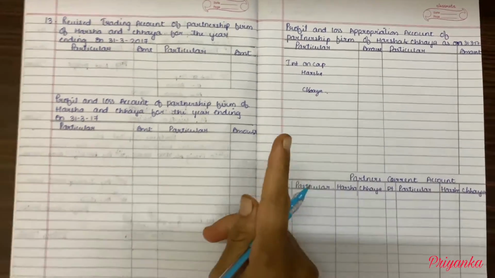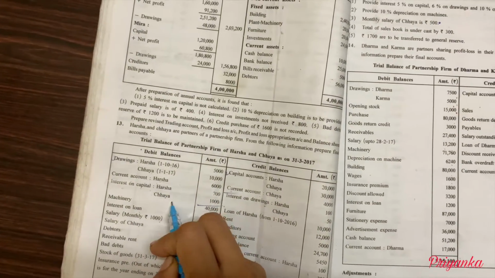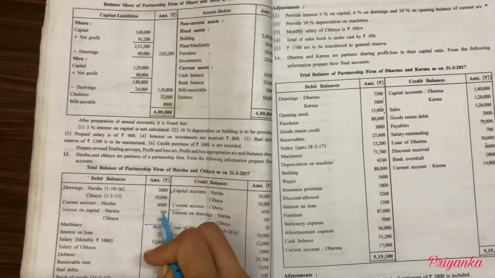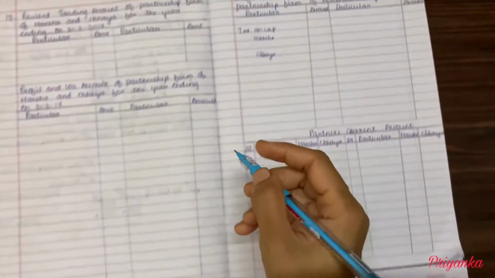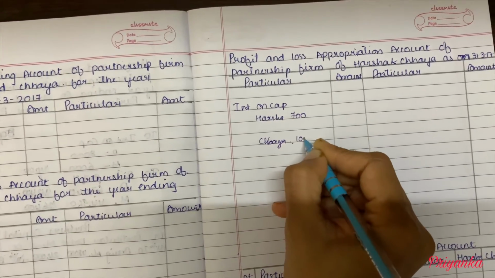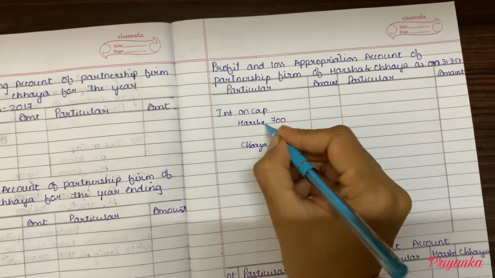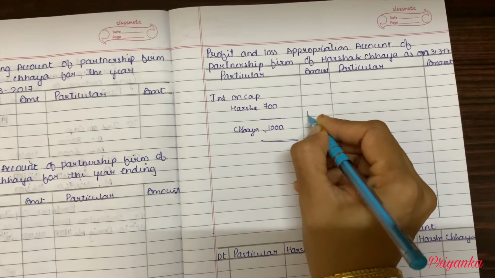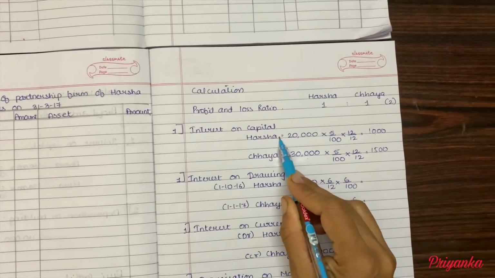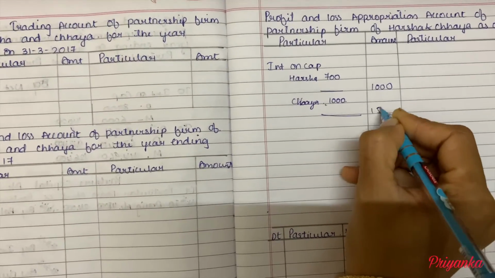But before I move, there is something we saw in the question, where you can see Harsha and Chaya 700 and 1000 is already given in your trial balance. Don't forget to write this down. First take those amounts, that is 700 of Harsha and 1000 of Chaya. And in the calculation we found that Harsha got 1000 and Chaya got 1500. So take that out.